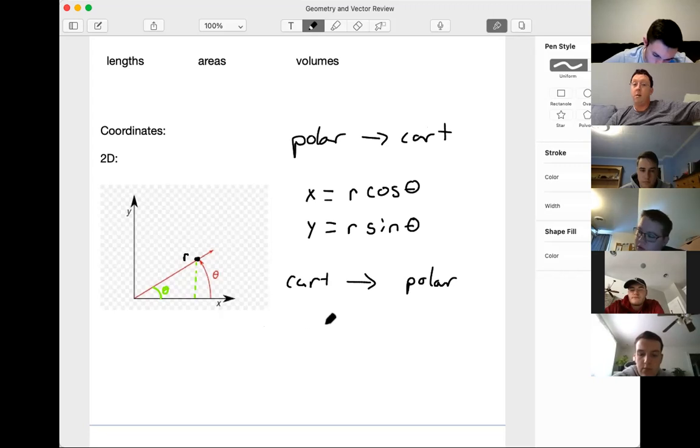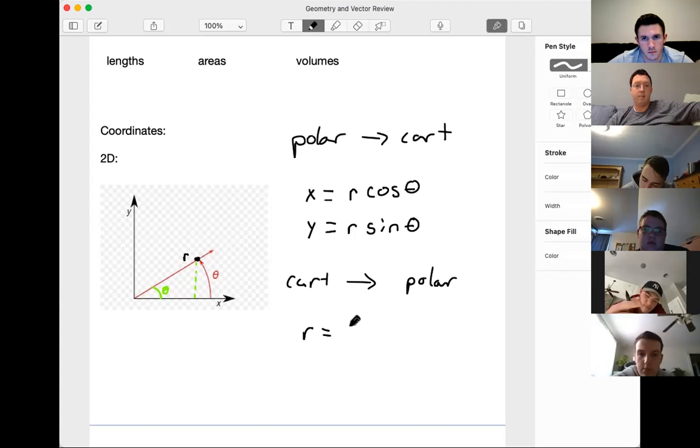Well, you want to write something like r equals something. Again, use the same triangle. How could you write r in terms of x and y? Pythagorean theorem, yeah.